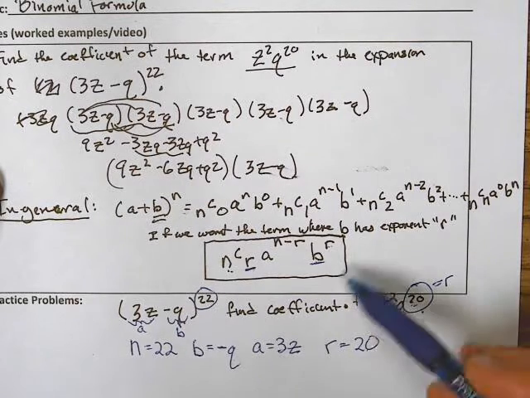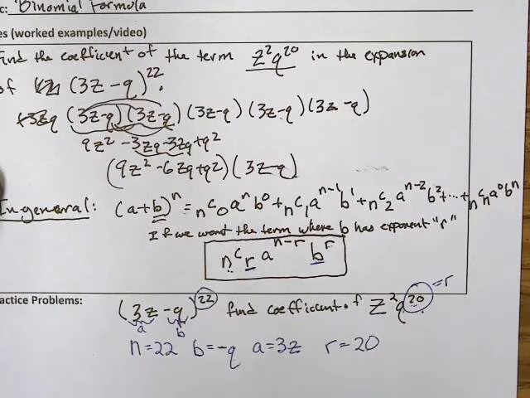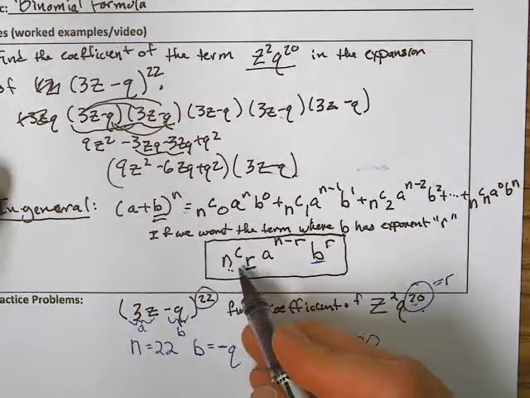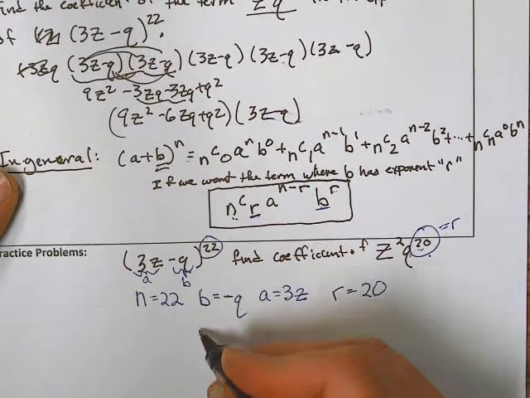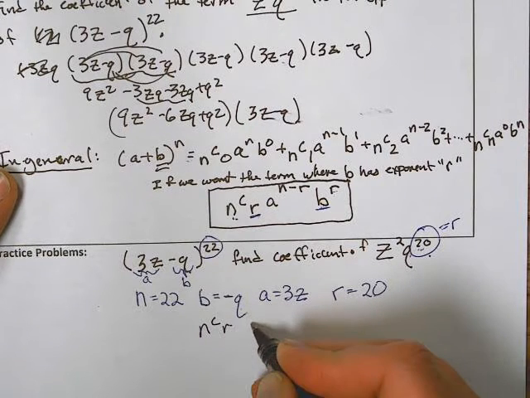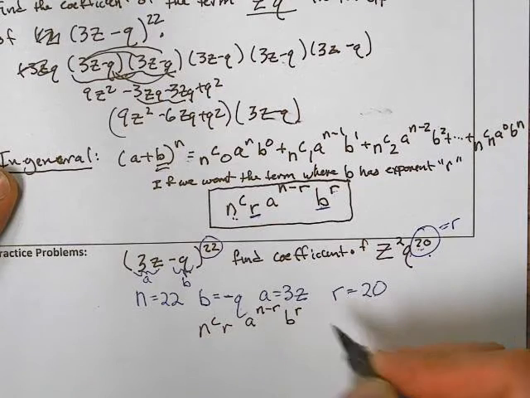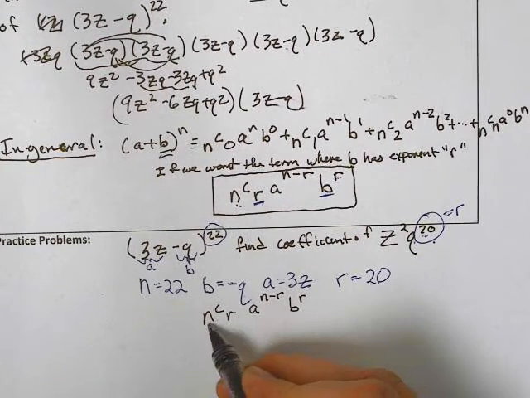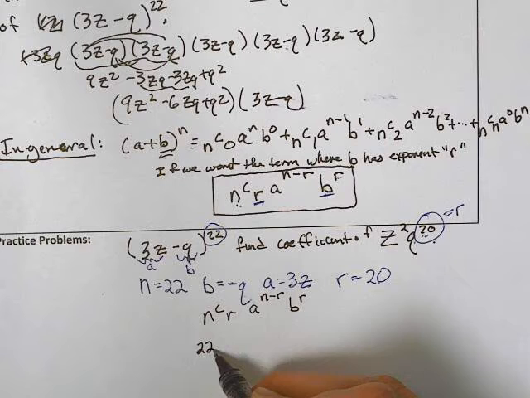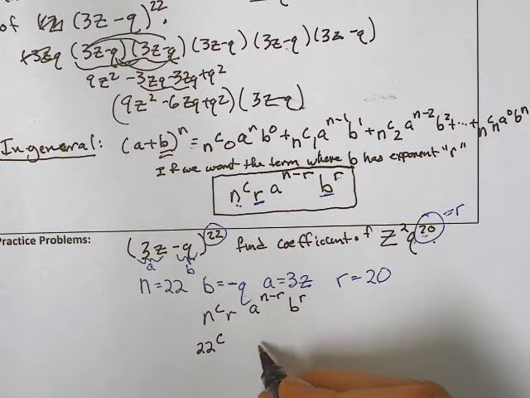So I'm going to try to use this formula and show you guys how it works. Let me just rewrite it. It's n choose r, a to the n minus r power, b to the r power, where n is 22, so it's going to be 22 choose the r value, which is 20.